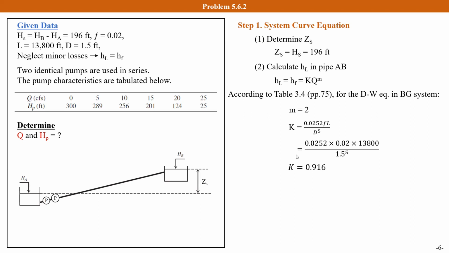Therefore, we can use M and K to represent the head loss. It equals 0.916 times Q to the power of 2. And then we can get the system curve equation. The system head equals 196 plus 0.916 times Q to the power of 2.